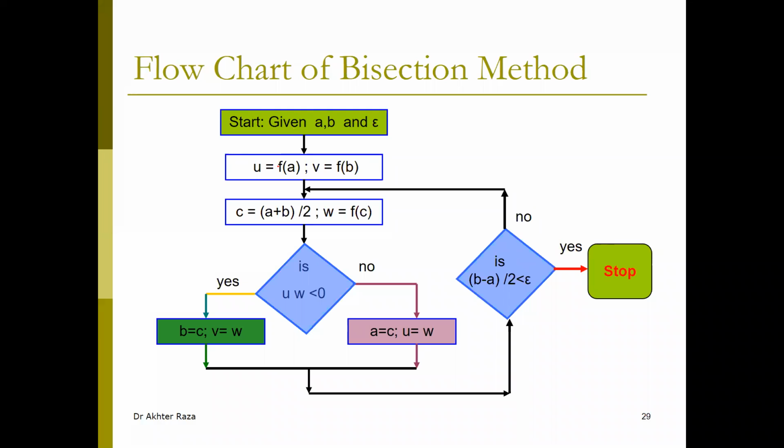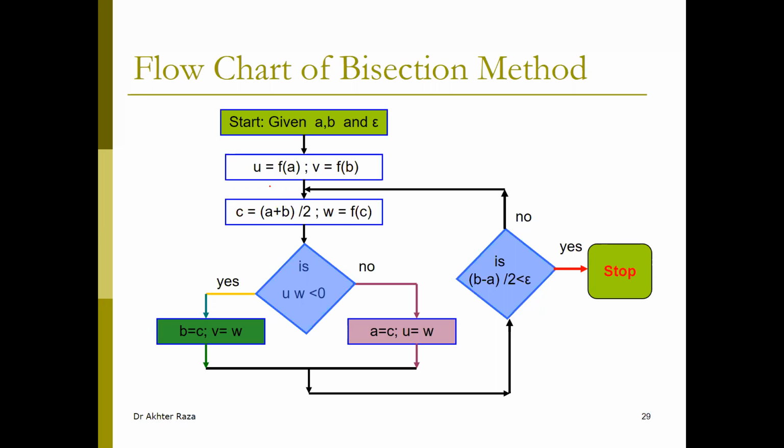Then you calculate f(a) and f(b). The value of f(a) is represented by u, and the value of f(b) is represented by v. Now the midpoint is to be calculated, (a plus b) by 2. This midpoint gives us a third point, which is c.